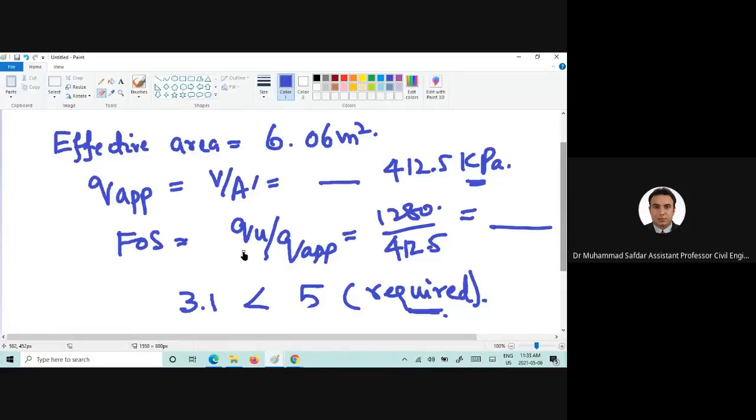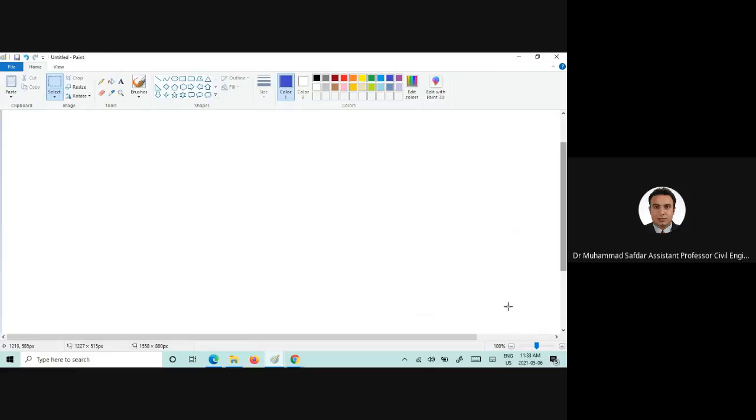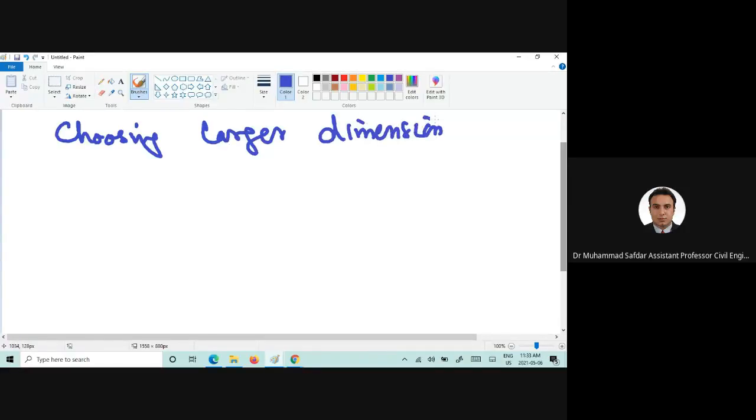How can we increase the bearing capacity and the factor of safety for this foundation? By choosing other assumed dimensions, sir. Increase the area. Okay, choosing larger dimensions. Okay, Ibrar.